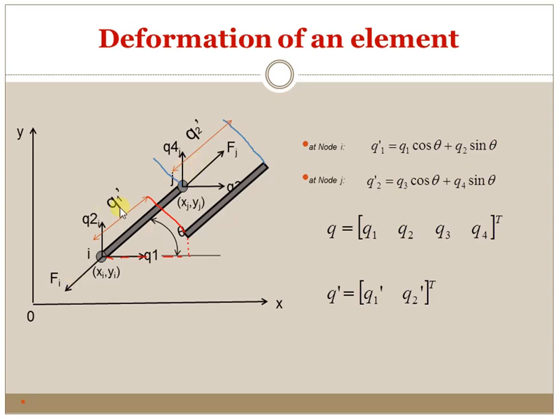Then q1 dash equals q1 cos theta plus q2 sin theta, and q2 dash equals q3 cos theta plus q4 sin theta. q1 dash and q2 dash are the local coordinates, and q1, q2, q3 and q4 are the global coordinates. You can write q in matrix form as q equal to q1, q2, q3, q4 transpose. Similarly, we can write q1 dash and q2 dash in transpose form.